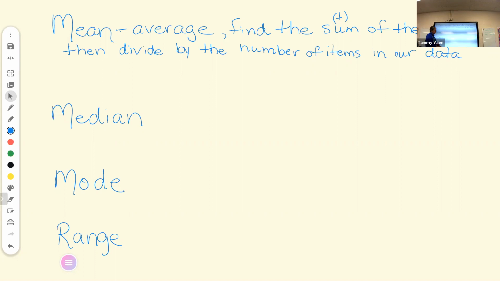So let's say that on our math minutes, these were our scores: 6, 8, 10, 7, 10, 9, and 10. I'm assuming you're writing them down.